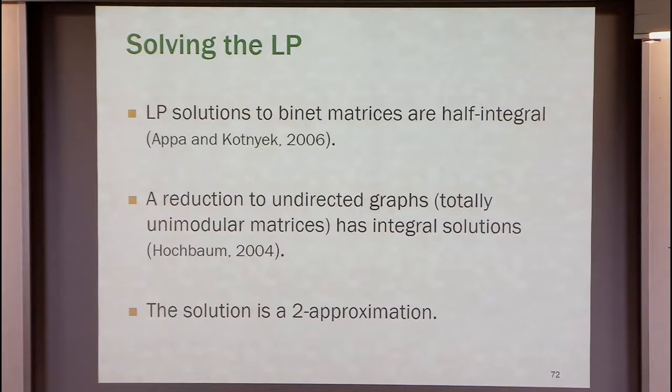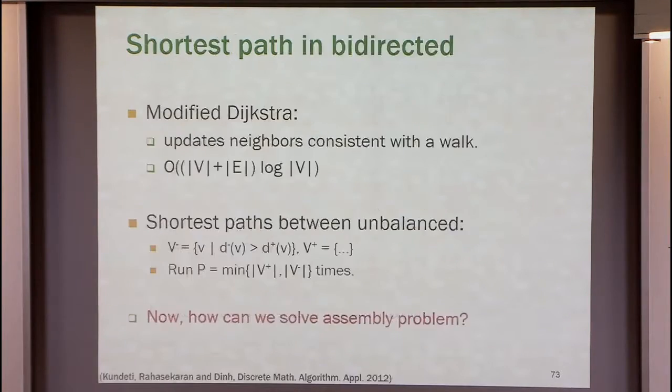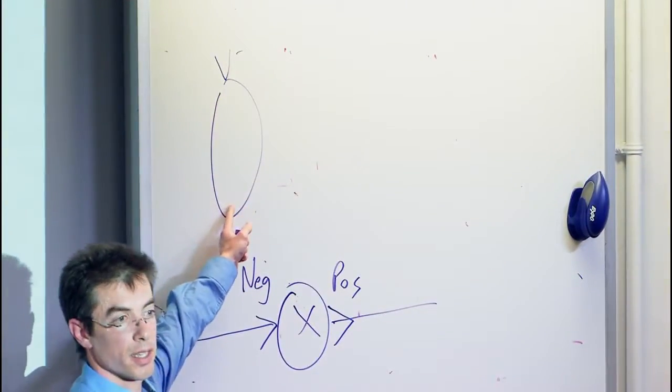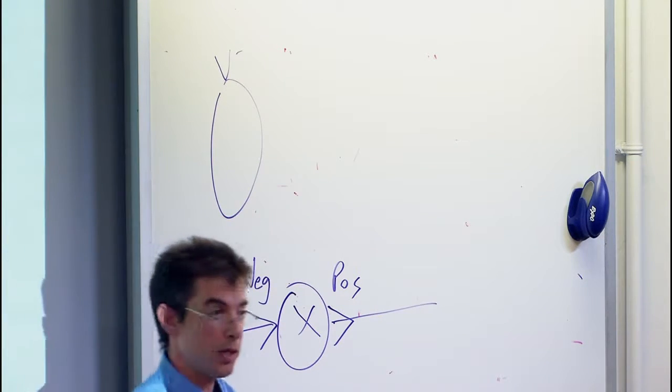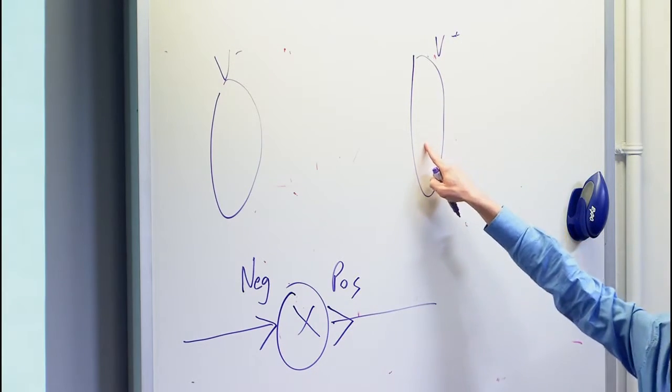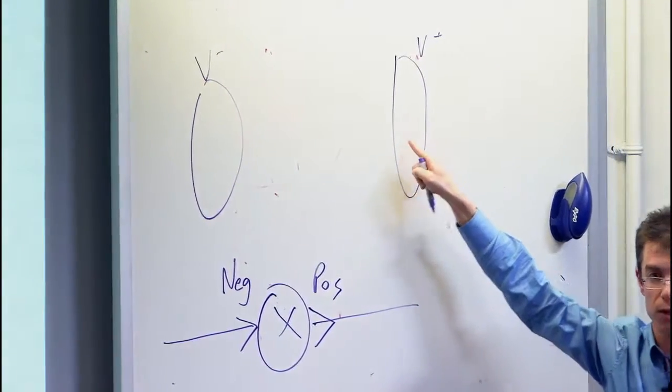So here are some technical details about the LP and the fact that we are getting an approximation using this notion. In fact, we can do it in an optimal way and in polynomial time if we look at the following bidirected graph. Let's do it here on the board. We have a set of vertices that have a greater in-degree, and a set of vertices that have a greater out-degree, and we need to fix the balance.